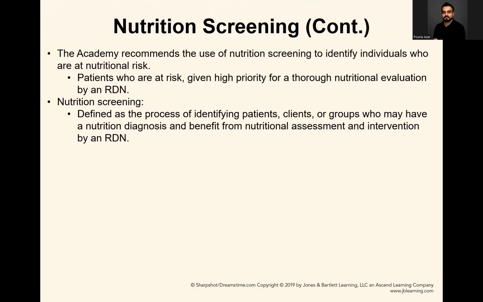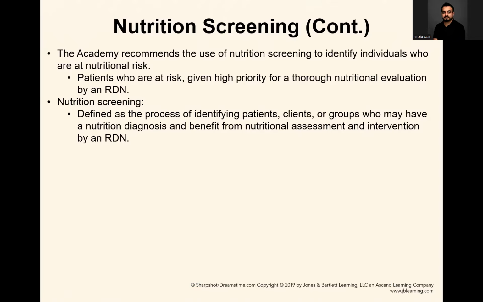We can apply nutritional screening to the community, to the population, not only to individuals or patients. We can conduct nutritional screening in community-based settings, like health fairs or other community meetings or events.